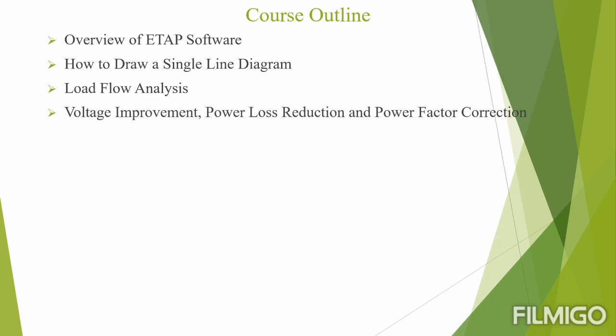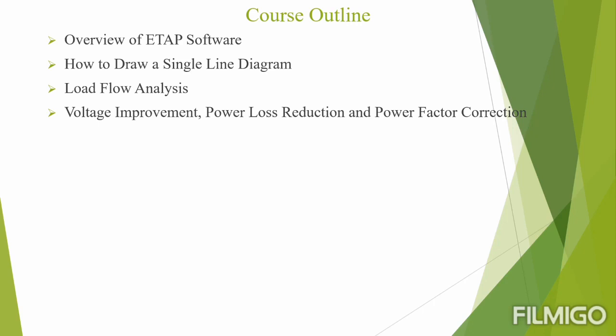Then we look at voltage improvement, power loss reduction, and power factor correction. Remember, load flow analysis is the study of the behavior of a power system, which will reveal whether the bus voltages are within prescribed limits, whether a transformer is overloaded or not, whether a circuit breaker is overloaded or not. So we are basically identifying whether or not there is a fault in the power system, whether or not components are rated appropriately in the power system network.